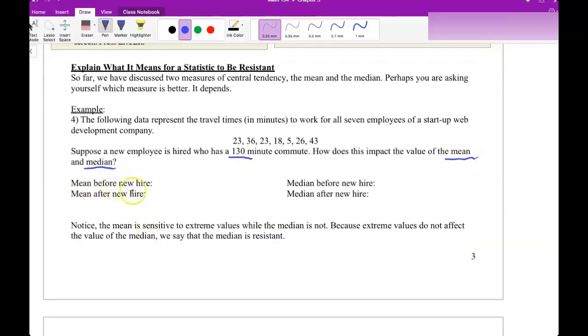So here on top is the mean before the new hire and the median before the new hire. First, we already have the answer for this part using StatCrunch, and I already know that after rounding, the answer for this part is 24.9. Or even if you didn't use StatCrunch, that's fine. Just add all these numbers for the mean.